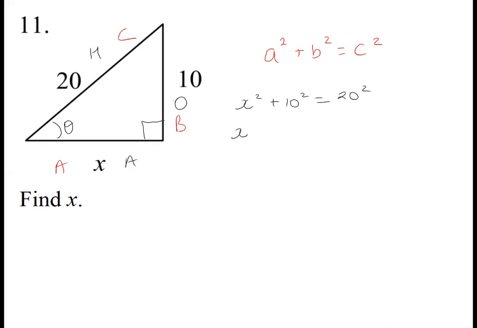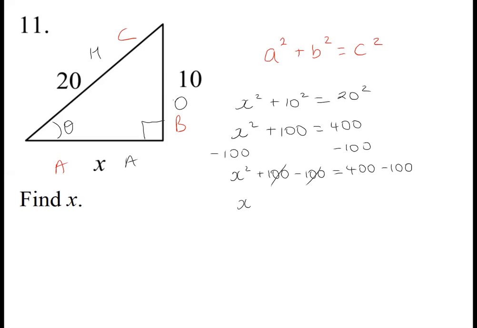So x squared plus 10 squared, which is 100, is equal to 20 squared, which is 400. We can take 100 away from both sides, leaving us with x squared plus 100 minus 100 is equal to 400 minus 100. The 100s cancel out, leaving us with x squared. 400 minus 100 is 300.